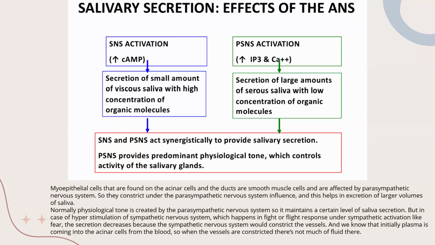So this will help in excretion of larger volumes. As I told you, you can imagine when the myoepithelial cells are constricted, they squeeze the gland, they squeeze the acinar cells, they squeeze the ducts, which excretes larger volumes of saliva.